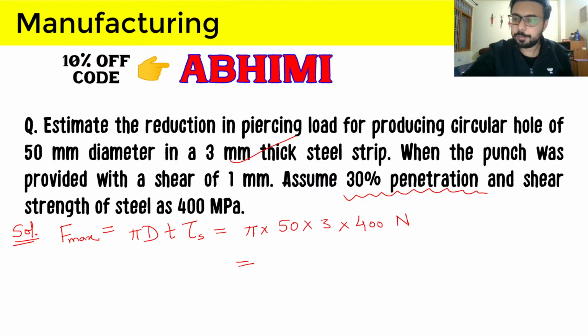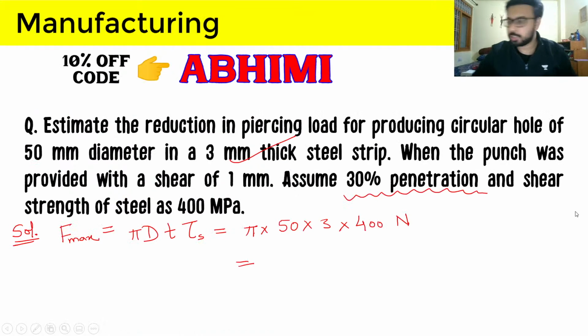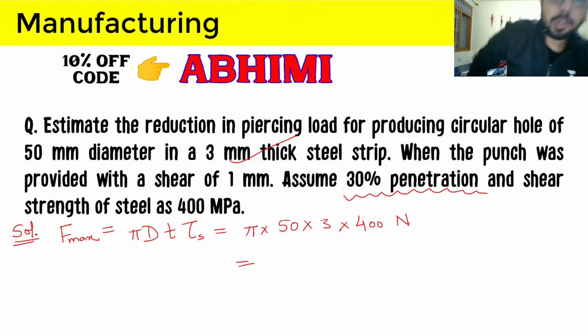So where we left before this very annoying issue of electricity just made this class disconnected. We were discussing the shear that is provided on the punch that is reducing the piercing load, and we have to find the reduction in piercing load.